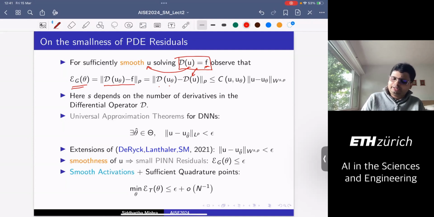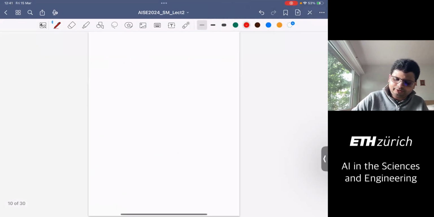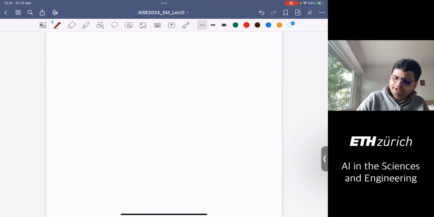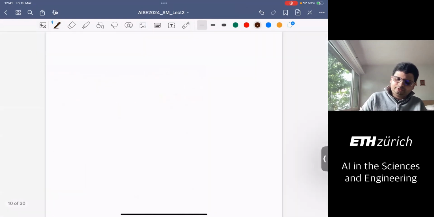Let me, for simplicity, take this and expand it out for the heat equation, so that you're not completely lost. So this is the object that I'm going to expand. I have D of u theta minus D of u.